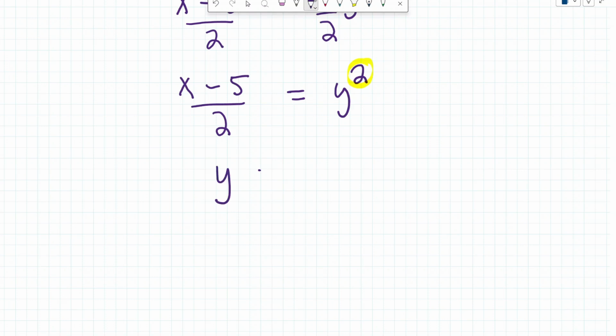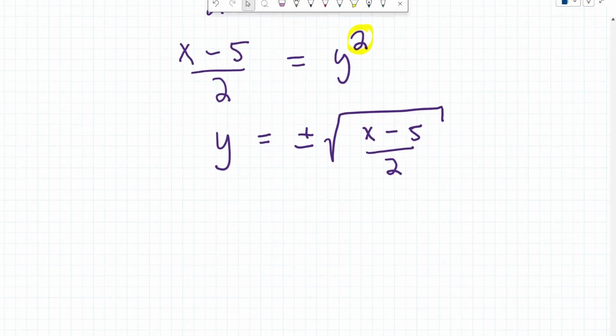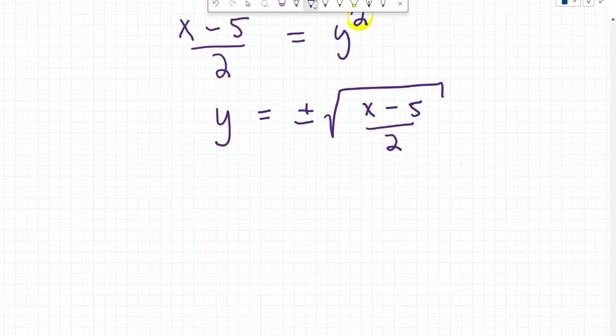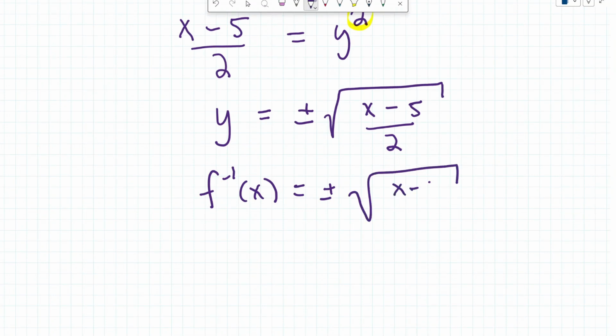So that means that y equals plus or minus the square root of (x minus 5) divided by 2. And that's it. The last step we have to do is just write y as f inverse of x equals plus or minus root of (x minus 5) over 2.